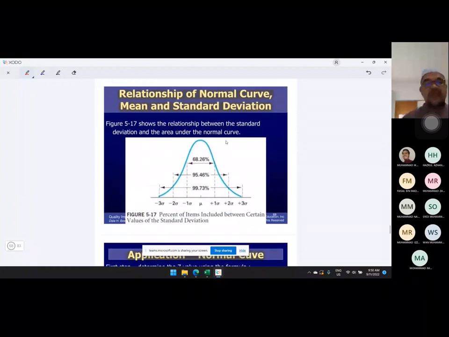These are the areas that we mentioned in class: 68.26% of our products are expected to be within plus or minus 1 sigma, 95.46% are between plus or minus 2 sigma, and plus or minus 3 sigma would have 99.73%. So there will be a small portion outside plus 3 sigma and minus 3 sigma, 0.273%.